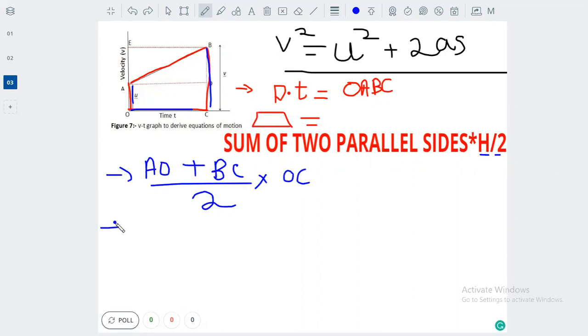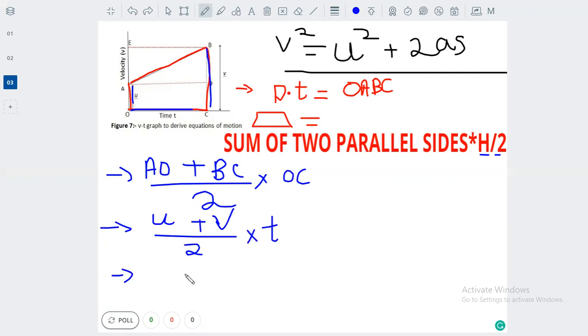I was about to tell you this in the third equation, so I'm just informing you. So AO plus BC, how much is it? AO is U, because AO is the initial velocity, BC is the final velocity, so V by 2 into OC, which is nothing but T. This is not a tick mark, it is V. Don't get confused.